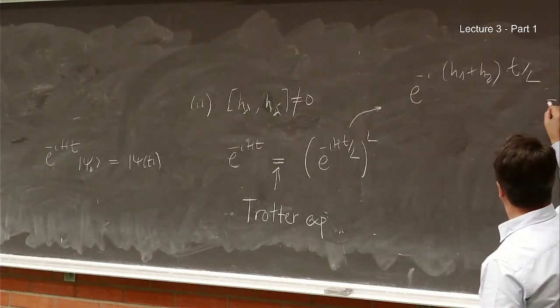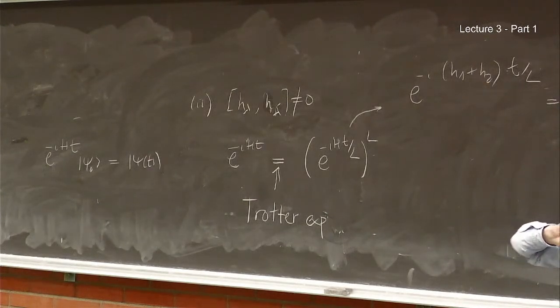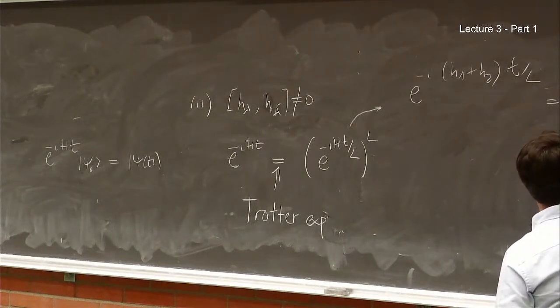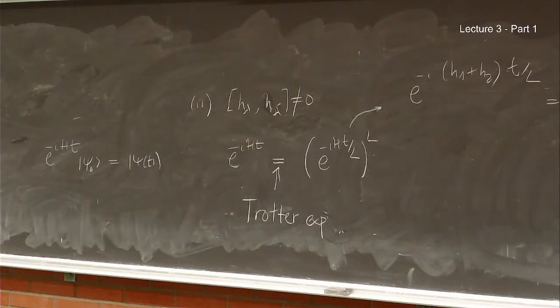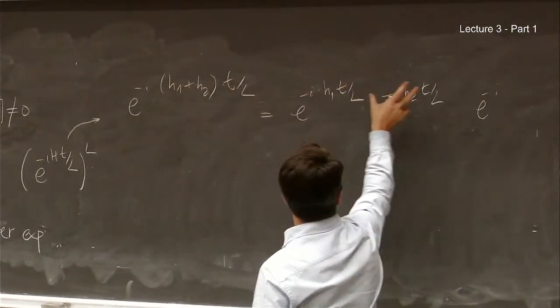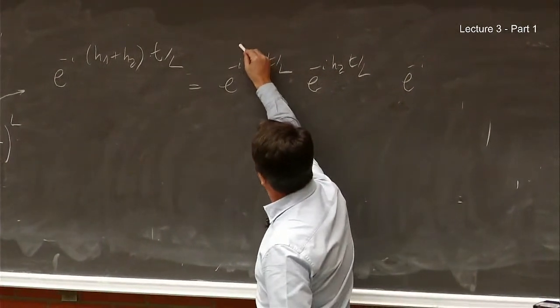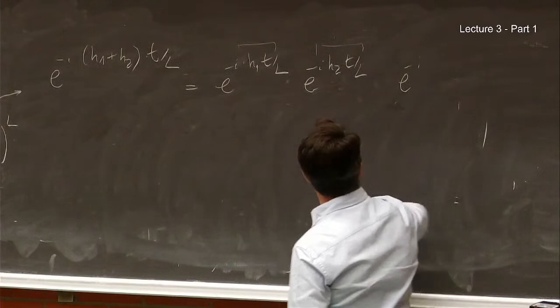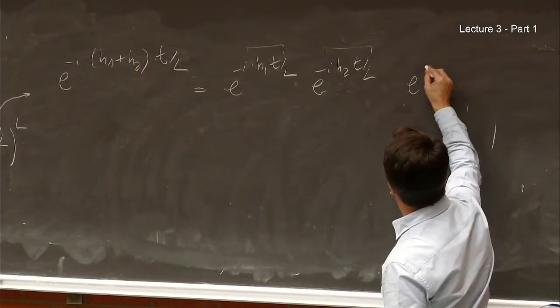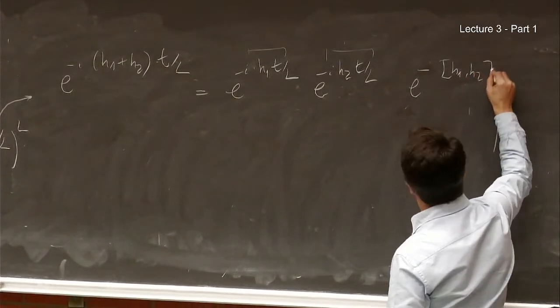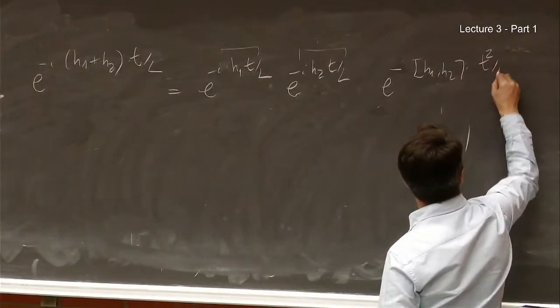Then you can use things like the Campbell-Hausdorff formula for this, and this can be written as e to the minus i h1 t divided by L, times e to the minus i h2 t divided by L, and here there will appear the commutator of these operators in first order of the Campbell expansion, something like minus the commutator of h1, h2 times t squared divided by L squared.